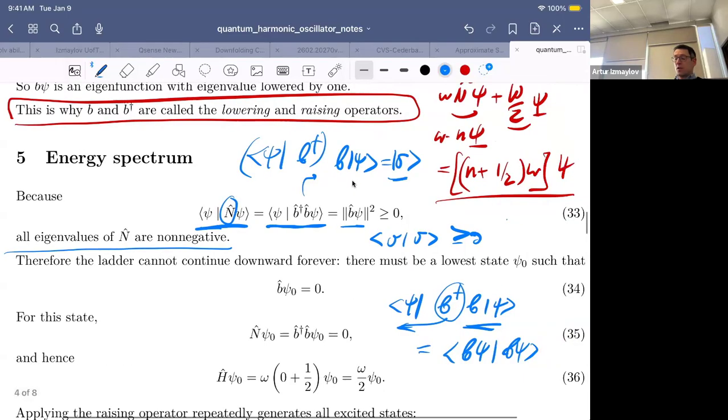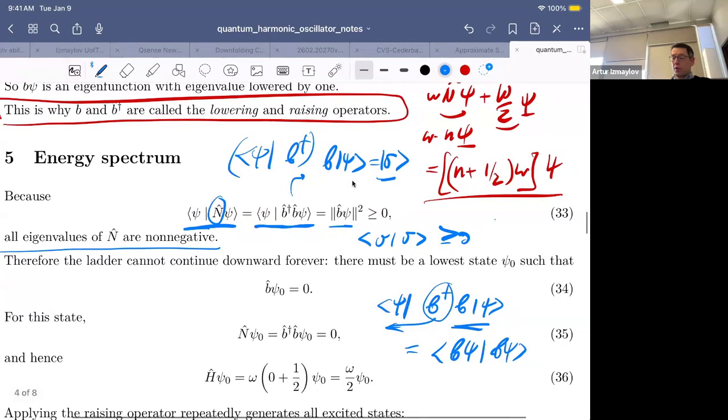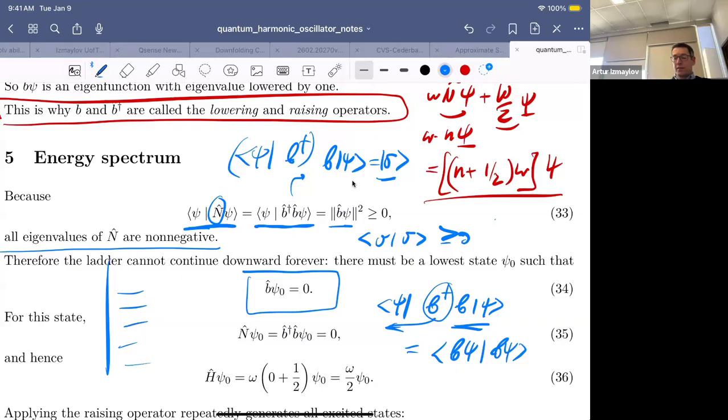So then we can formulate the following equation: B applied to the bottom of the spectrum of the n operator. The spectrum of n goes from n equals 0, n equals 1, n equals 2, and so on. Sorry, I used small n for eigenvalues.